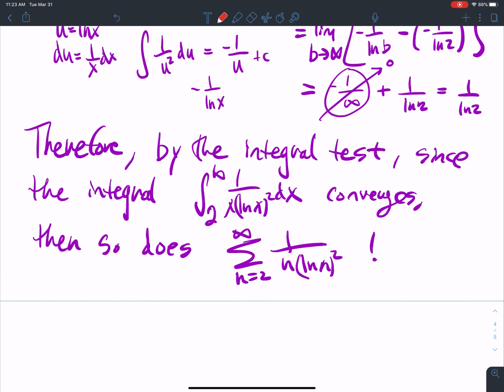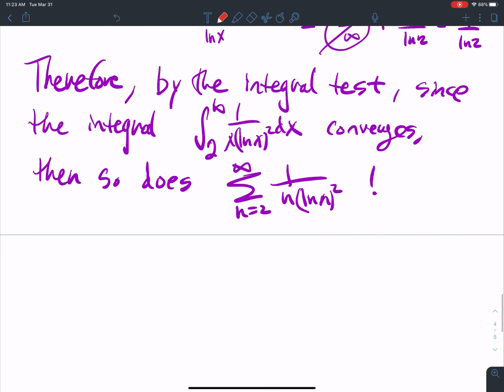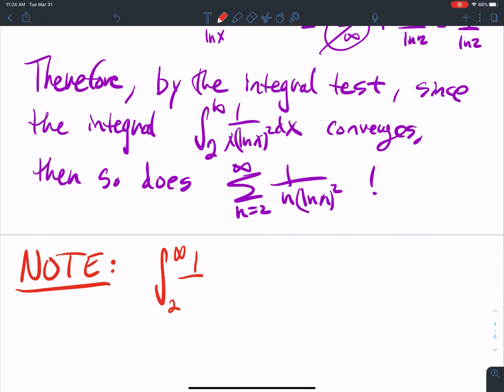Now, a side note, okay? And an important concept, because this sometimes causes confusion for students. The integral from 2 to infinity of 1 over x ln x squared dx is equal to 1 over the natural log of 2. That's a number.